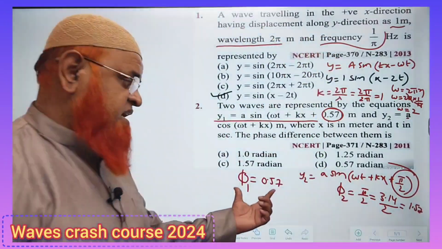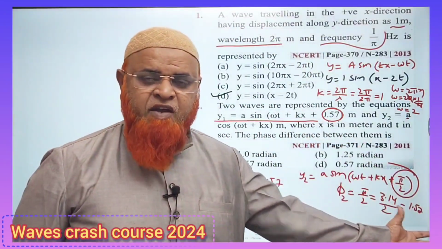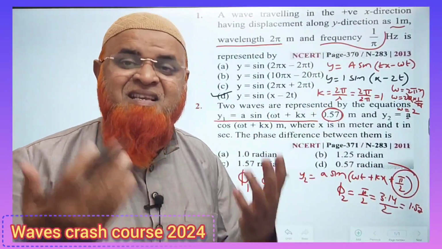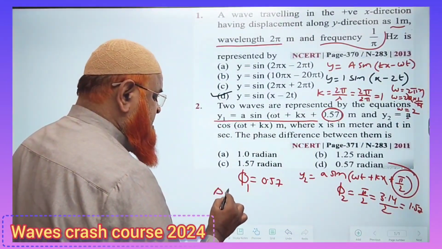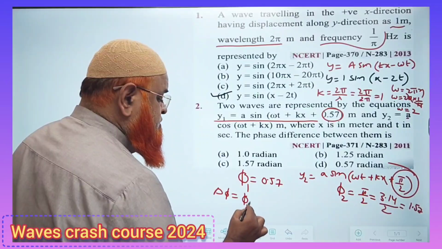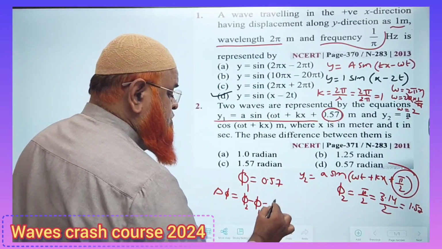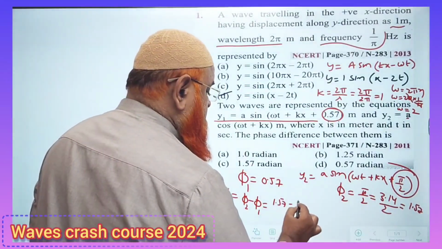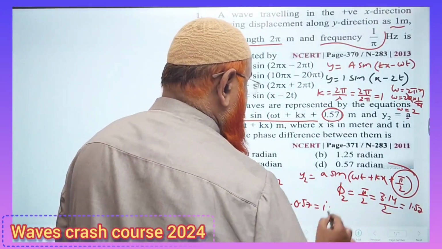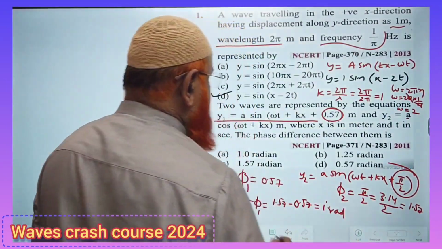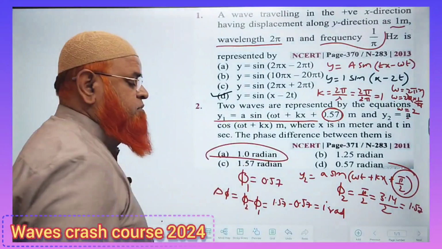So we got phase angle phi 1 and phi 2, and he's asking us to find out the phase difference. It's so simple: delta phi is going to be phi 2 minus phi 1, which is 1.57 minus 0.57, going to be 1 radian. So your answer is ready. The first option is going to be your answer.